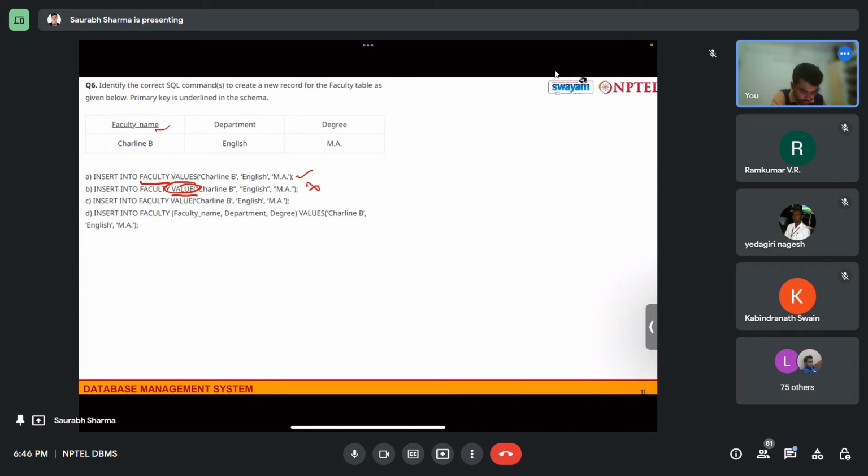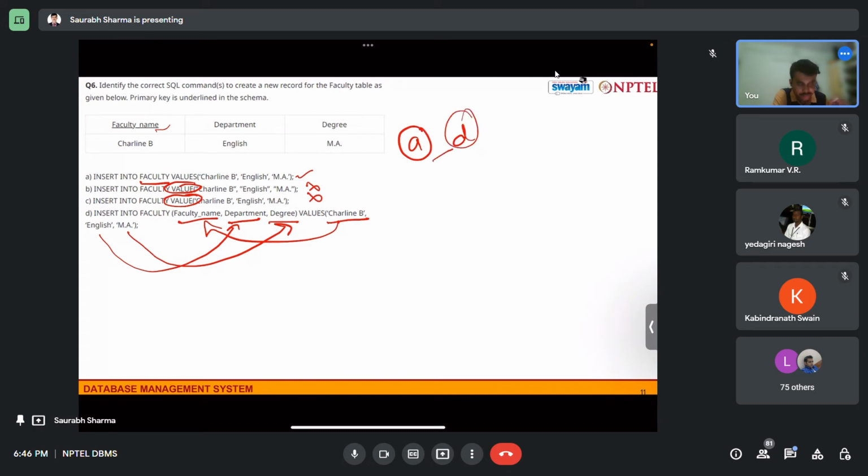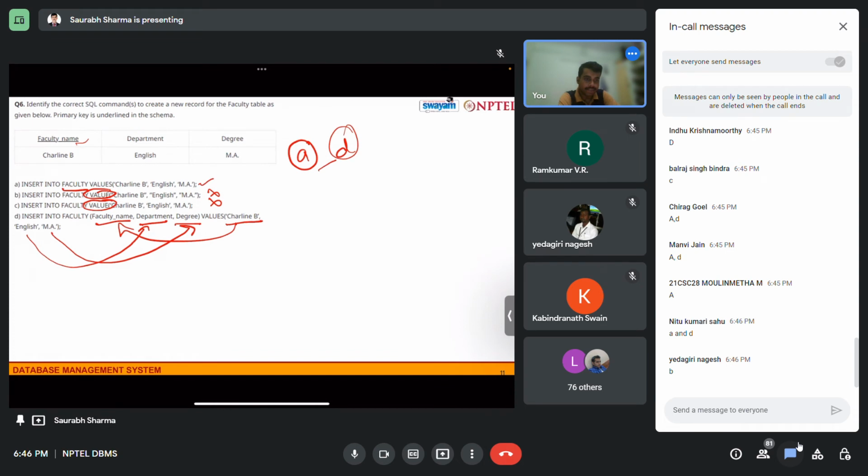Same kind of error in the third. In the last you can see faculty name, department, then degree, then values Caroline to faculty, English to department, MA, which forms the same kind of matching. So A and D will be correct.